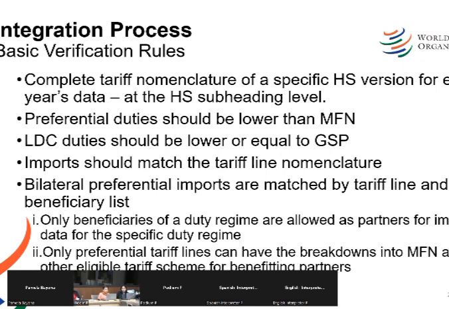So once again, the basic data for integration are the applied tariffs. And bilateral preferential imports are matched by tariff line and beneficiary list. So only beneficiaries of a duty regime are allowed as partners for imports data for the specific duty regime, and only preferential tariff lines can have the breakdowns into MFN and or other eligible tariff scheme for benefiting partners.